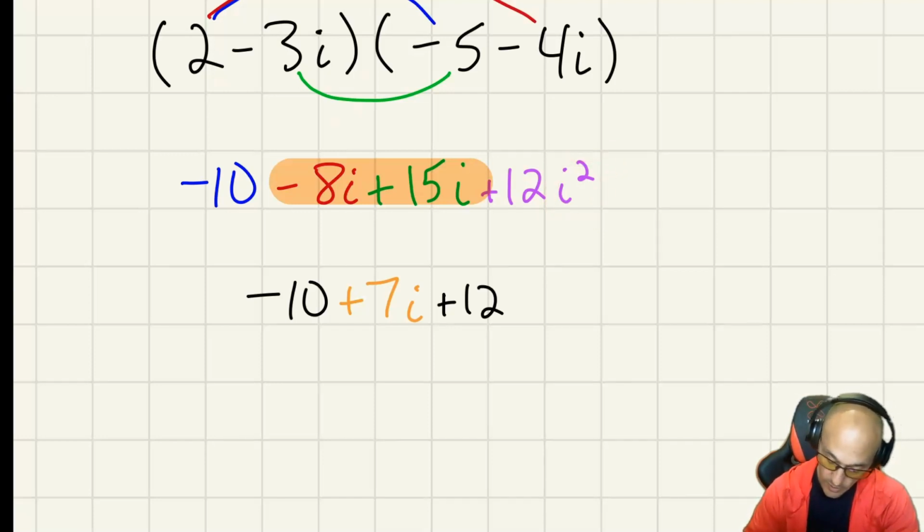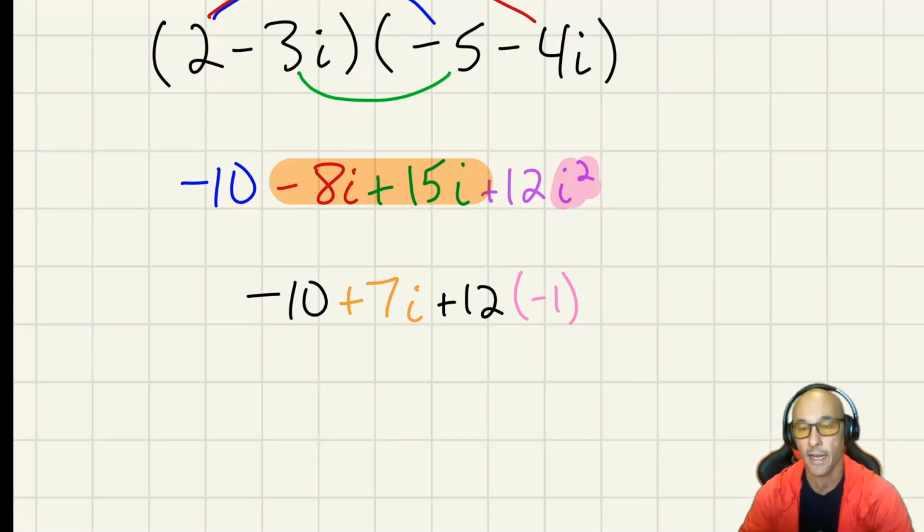So I'm going to use pink here. That's going to be i squared is negative 1, and I can talk a little bit about that to make sure it's clear why it equals negative 1.